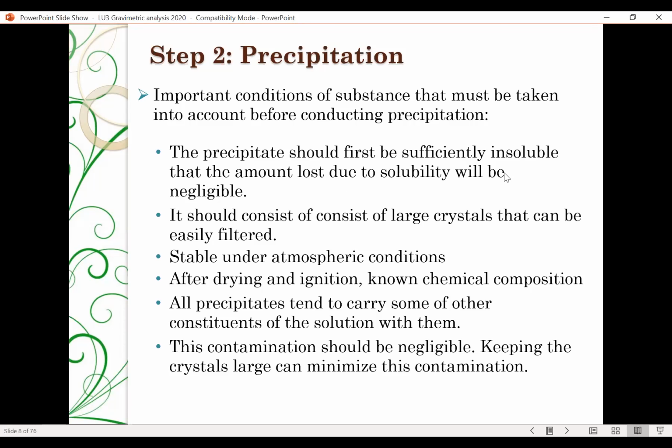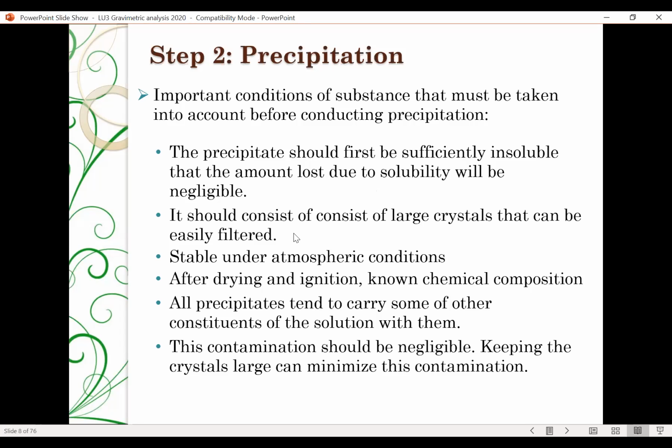We want it to have low solubility because we don't want to lose any amount of our precipitate during the filtration process, which comes later in precipitation gravimetry. So we need to make sure that our precipitate is sufficiently insoluble, so it's easy to filter.